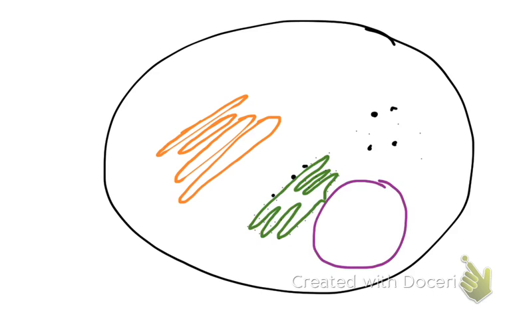Recall that most free-floating proteins, ones that would be found, for example, in the cytoplasm, are going to be ones that are made on these ribosomes that are free-floating in the cytoplasm.